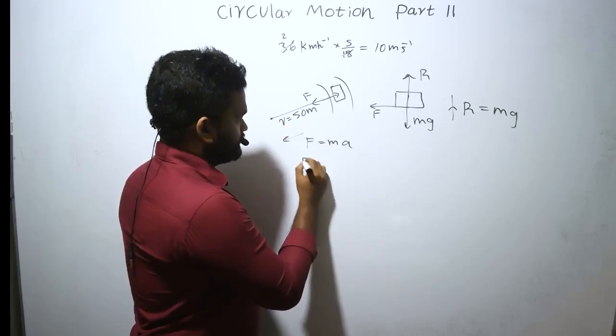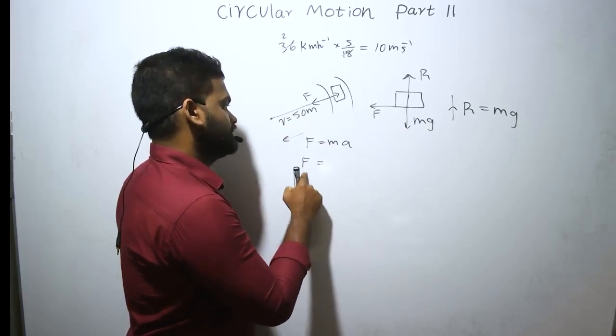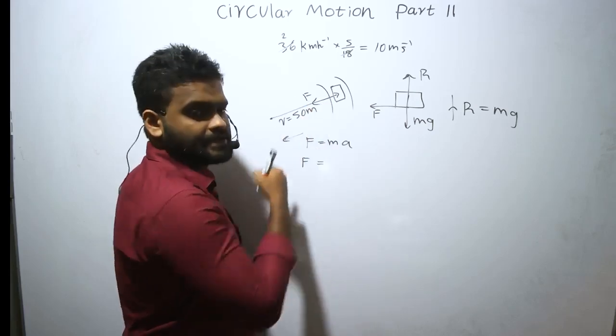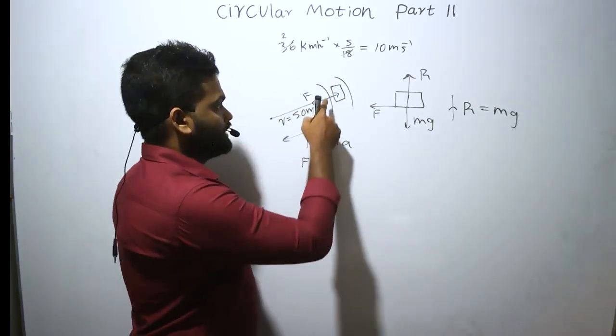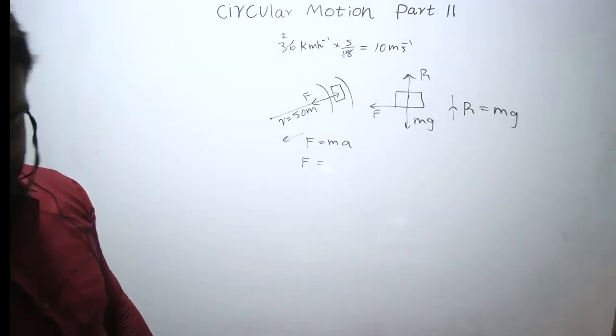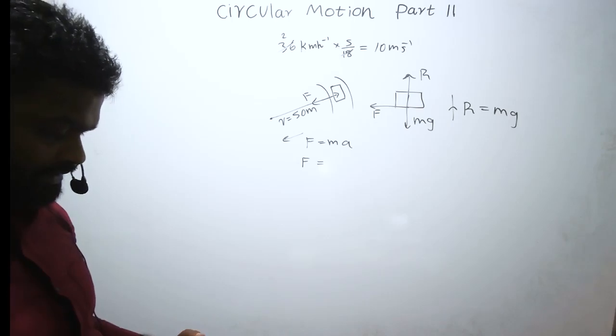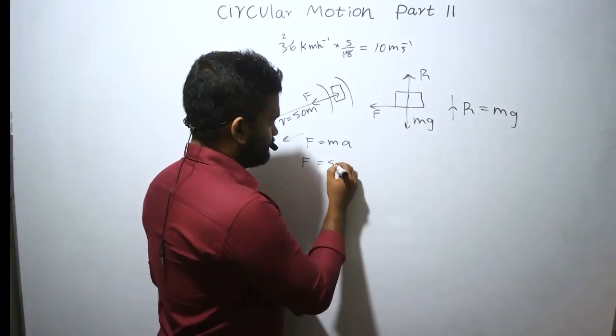That force is capital F, let's say that is friction. That is the only force towards the center. The mass of the car is given as 500 kilogram.